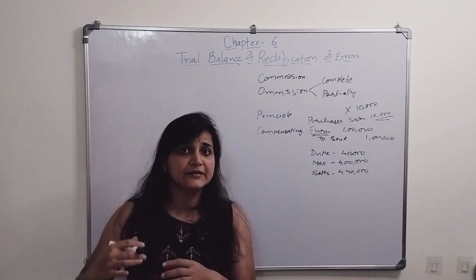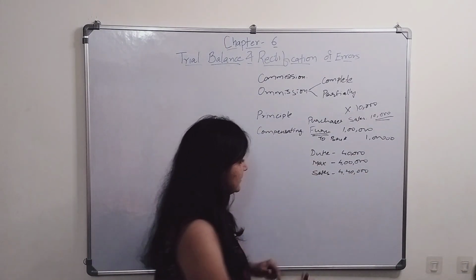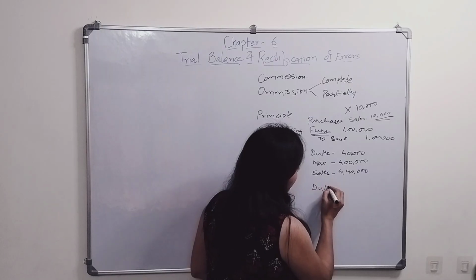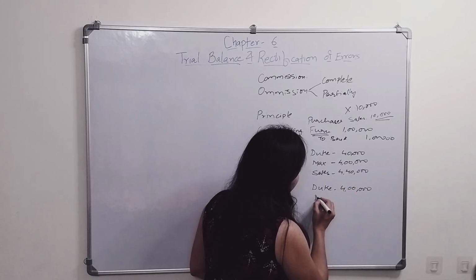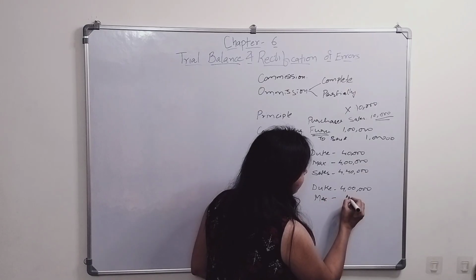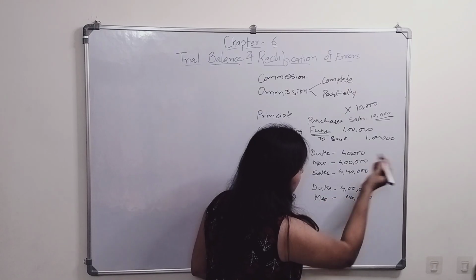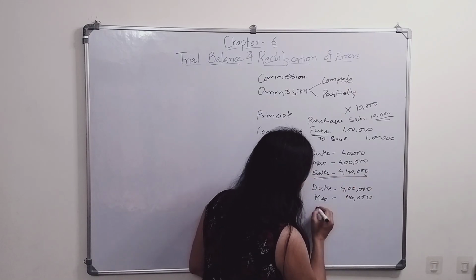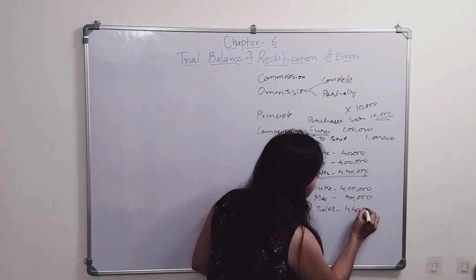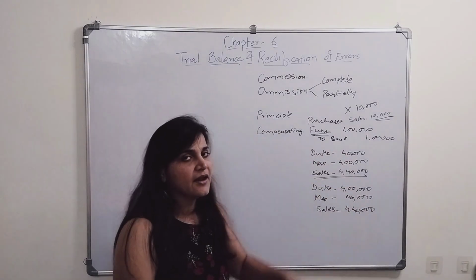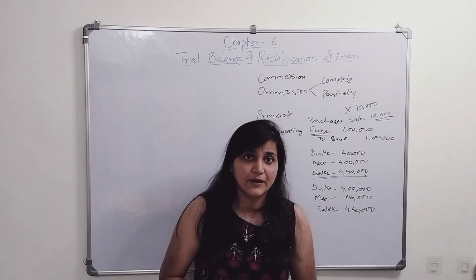Now when I posted these in the ledger, by mistake in the Duke account I recorded sales of 4 lakh, whereas in the Max account I recorded sales of 40,000. The sales is not affected. Sales is still going to show 4,40,000, but the error has been compensated, right?